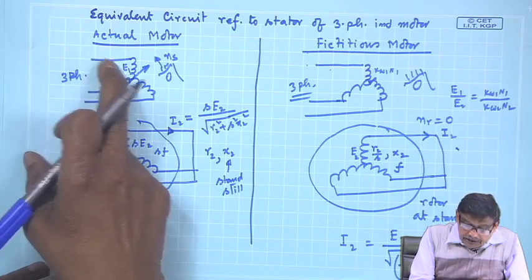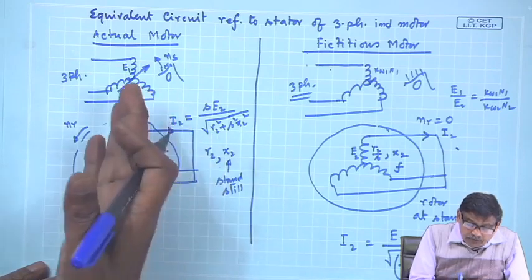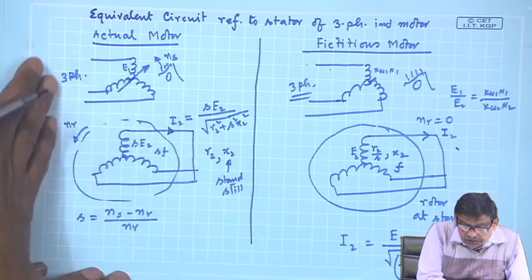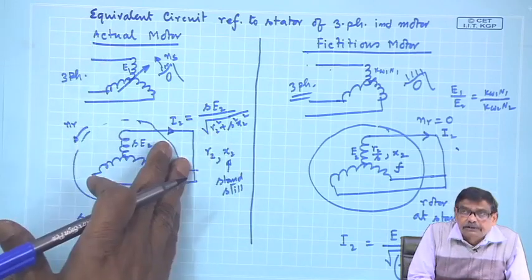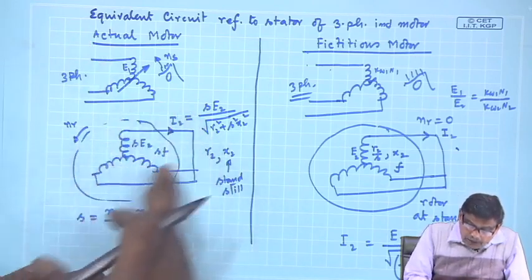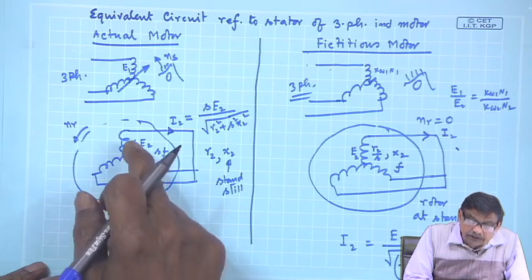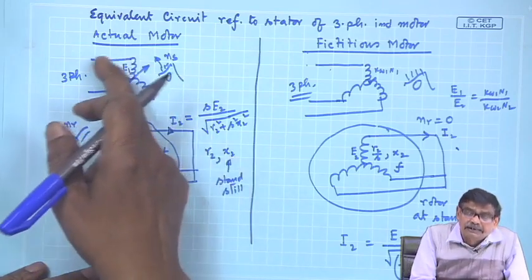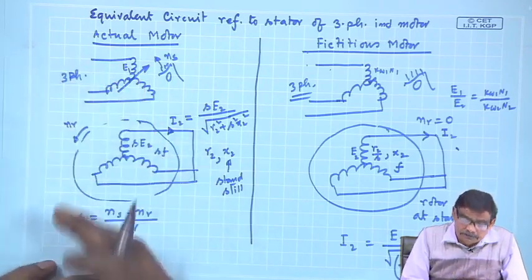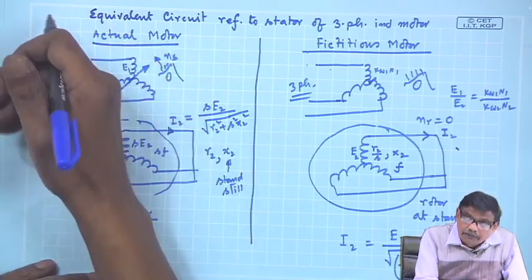So, the only source of input power is through this port, through the stator, there is no other source connected. So, the total power, that is the copper loss in the rotor and the mechanical power, and if there is stator resistance, the stator copper loss, this total real power must come from this.